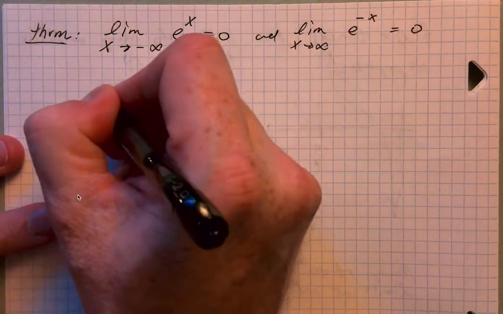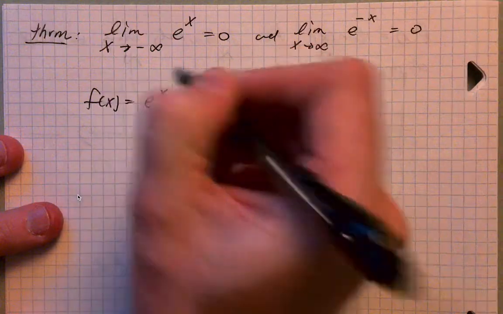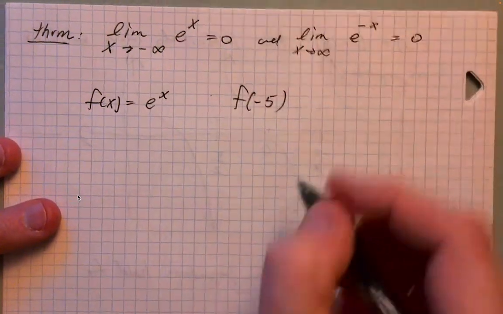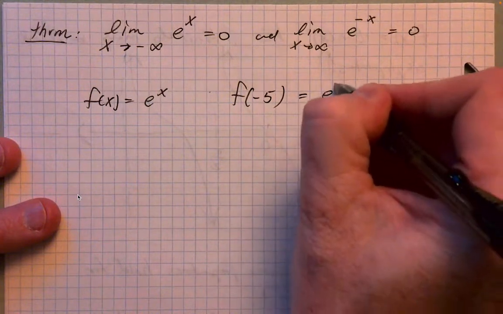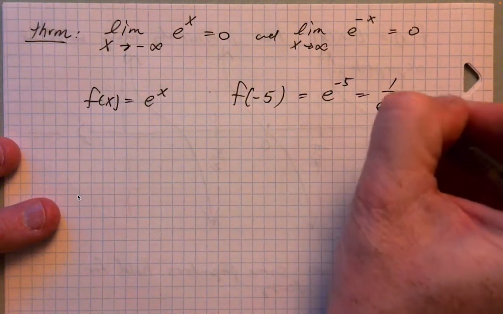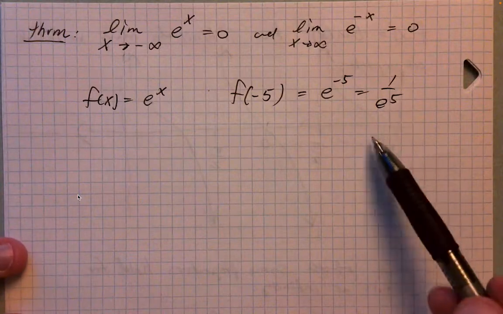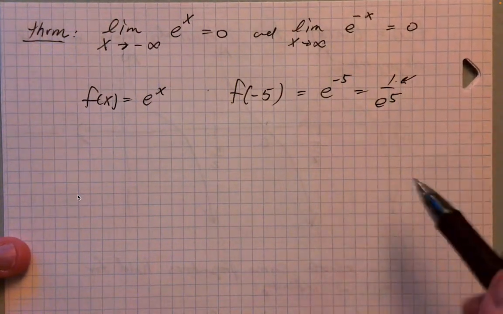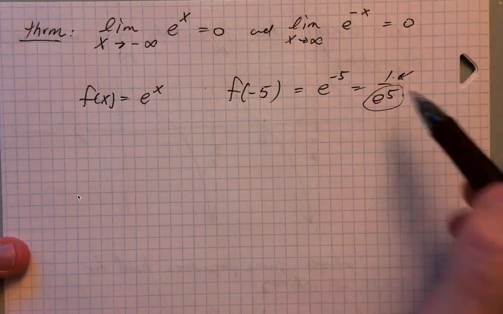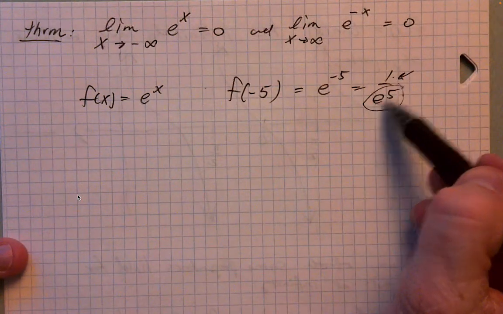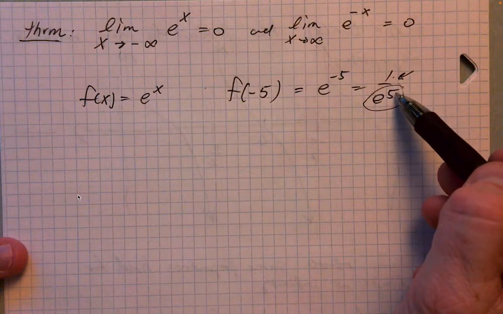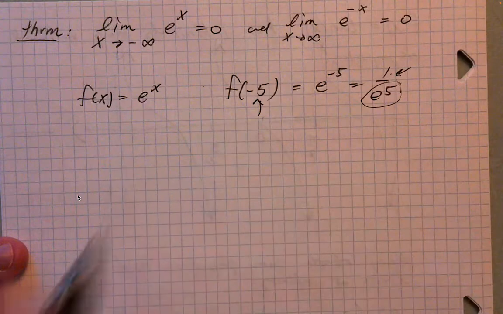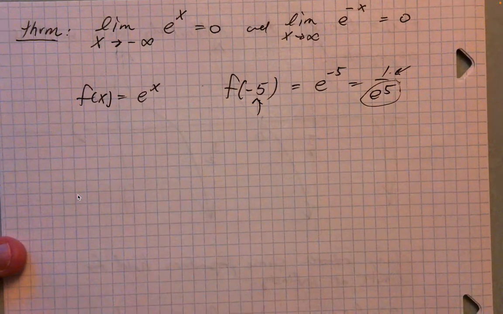So if f of x equals e to the x, and I plug in a negative, just to make sure this is clear, like -5, then I get e to the -5, which is 1 over e to the 5th, right? So this basically boils down to the previous example. You've got a constant up top of 1, and the denominator is a constant raised to some exponent, and that exponent is growing without bound here. In this case, it's decreasing, heading towards negative infinity without bound, right?